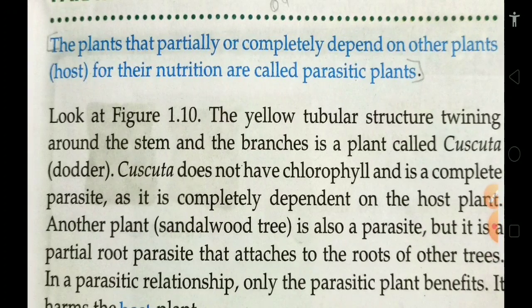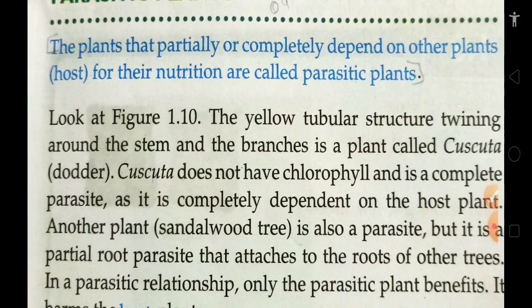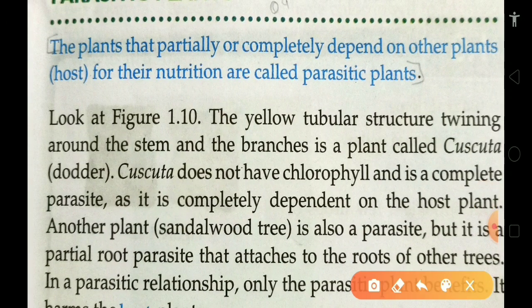The yellow tubular structure twining around the stem of the branches is a plant called cuscuta, another name is dodder. Cuscuta does not have chlorophyll, it has a yellowish color, and is a complete parasite because it is completely dependent on the host plant.